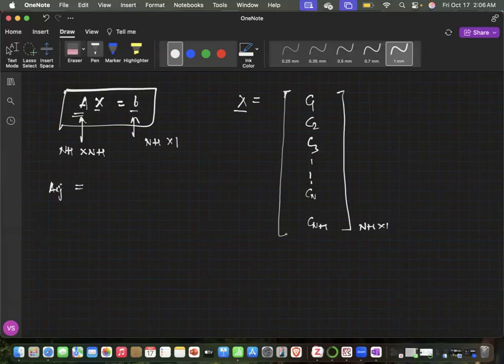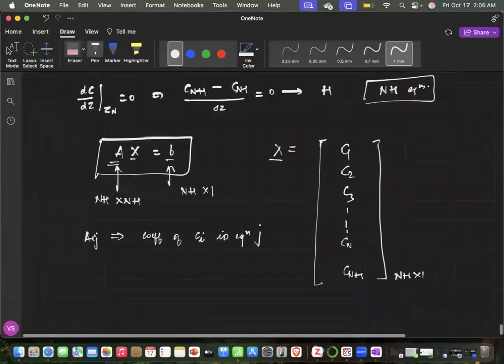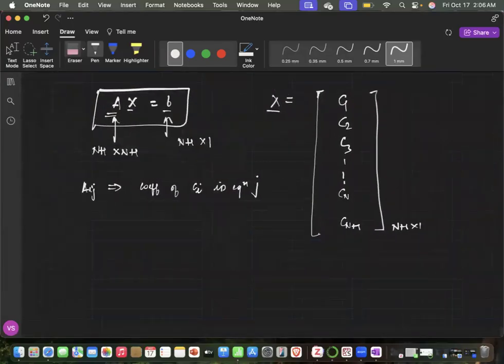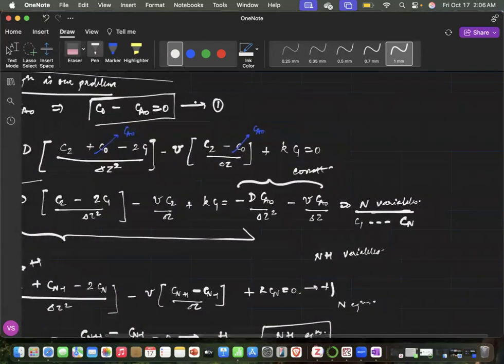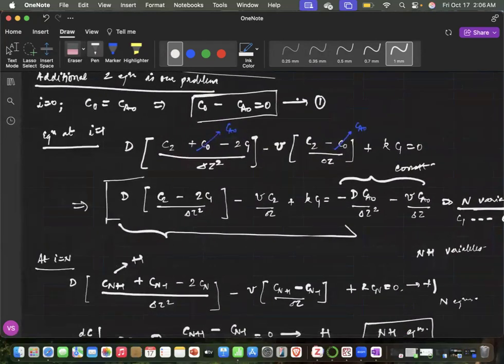So that implies we are talking about the coefficient of Ci in equation J, right? So hopefully that makes sense. Okay. So let's start with the first equation that we have, which is at I equals to 1. So at I equals to 1, this is the equation, right?